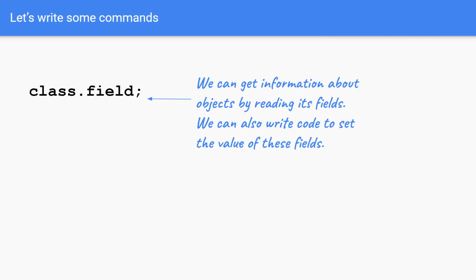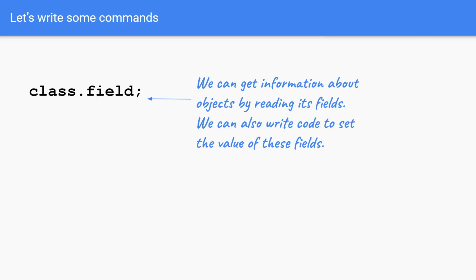So that's essentially the basics of the parts of a class and what constitutes our fields and what constitutes our methods. Let's look at another example of being able to write some of these commands. In general, when you're actually writing your code yourself, there's a common syntax to follow.